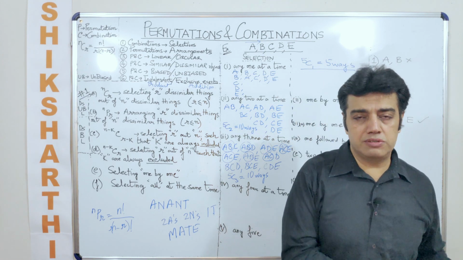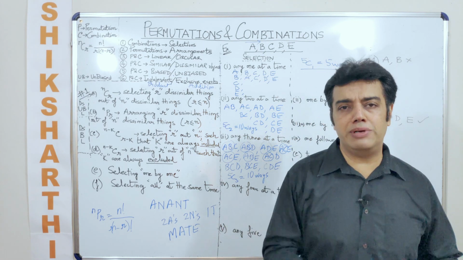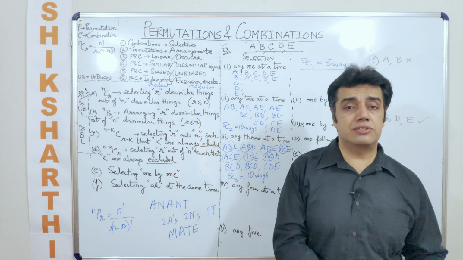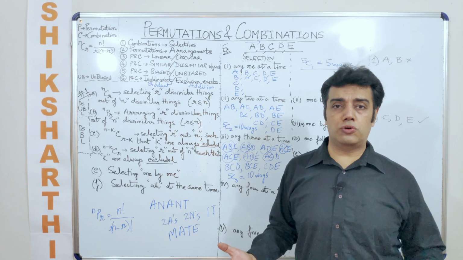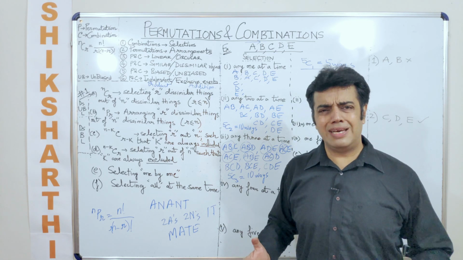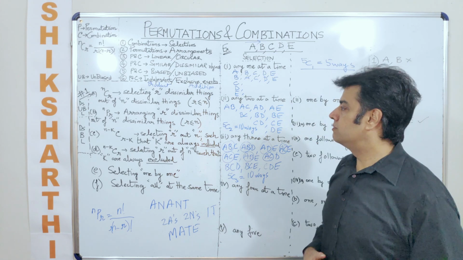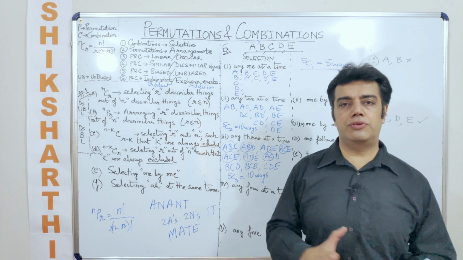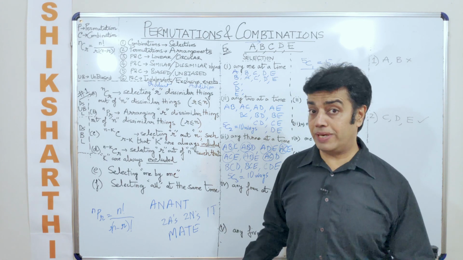Chapters like cubes, prisms, geometry, maybe coordinate geometry, maybe numbers, maybe when we talk about how to find out the total number of factors of a given number, and elsewhere also. So permutation combination is a topic which is equally important for maths and for reasoning, maybe for English as well.